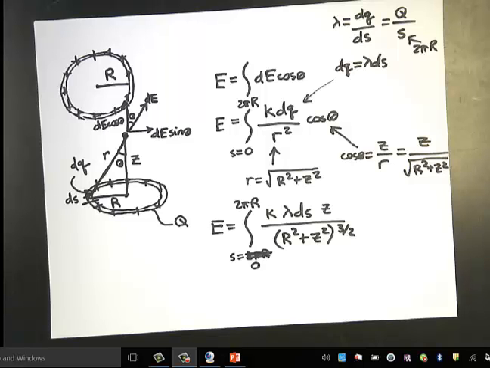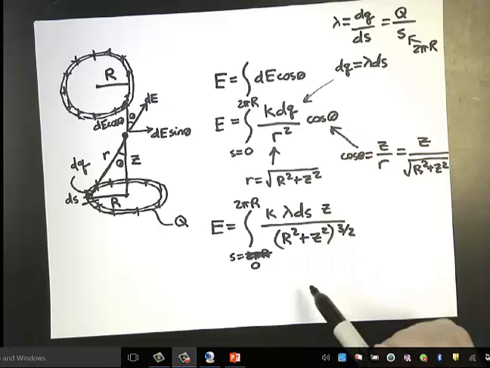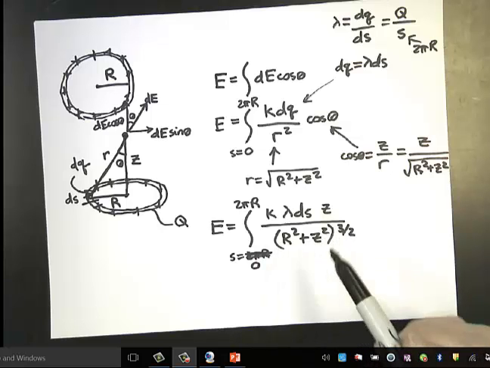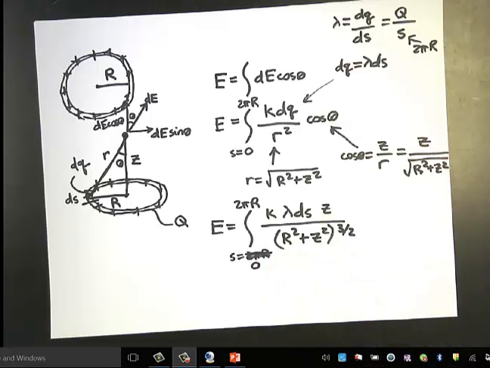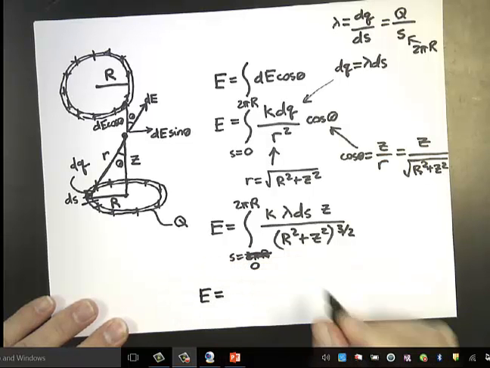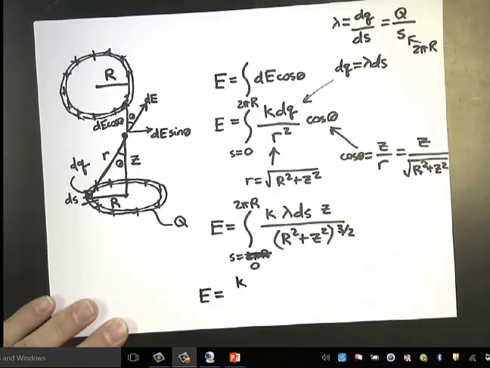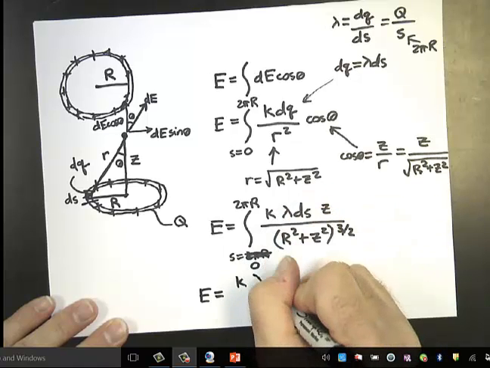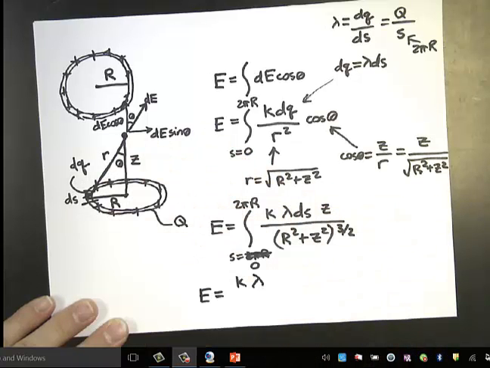Now, here's the beauty of this. Once we've made all these changes, the integral becomes really easy. Because remember, Ms. Stoughton's going to teach you that any constant in the integration can be taken out. So I can take out of this integration k because it's a constant. Lambda, if it's a uniform distribution of charge, lambda is a constant.